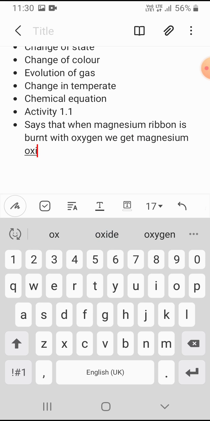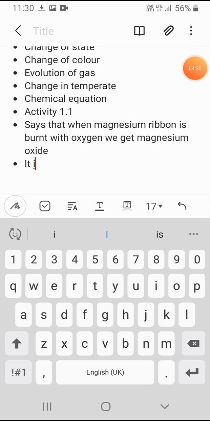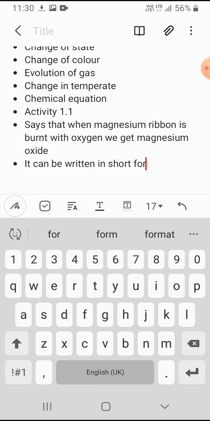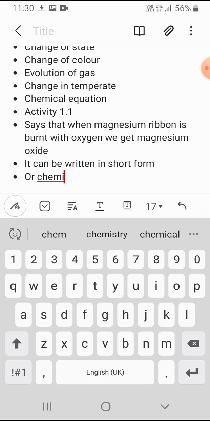That reaction can be written in short form, which we call a chemical equation. So let's see how it is written.